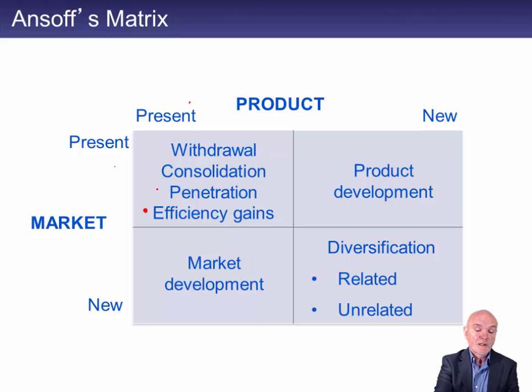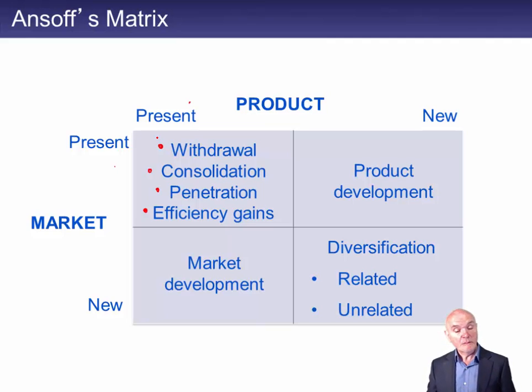You can go for penetration, so instead of having maybe 20% of the market, you look for 22% of it. You can consolidate, you can merge with a competitor perhaps, gain some efficiencies. Or maybe you decide to withdraw from a market, either because it actually makes a loss or it's more bother than it's worth.